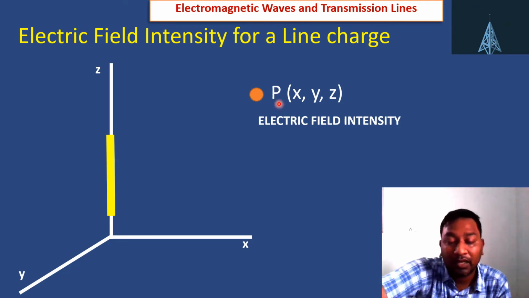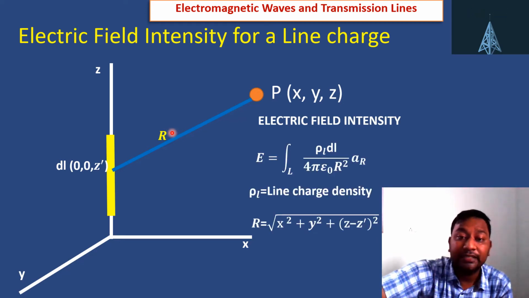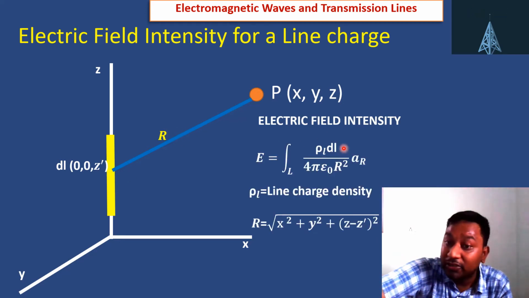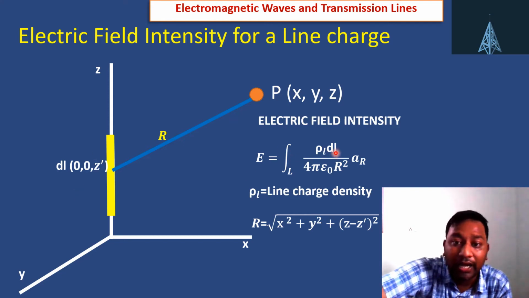Okay, so we know the formula, which has distance r. We know the electric field intensity due to this line charge, already seen in the last slide: E equal to rho l dl divided by 4 pi epsilon naught r square into a_r. So for the total line, if we are considering this, then the integration of rho l dl divided by 4 pi epsilon naught r square a_r, where rho l is the line charge density and r is the distance vector between P and this small dl.